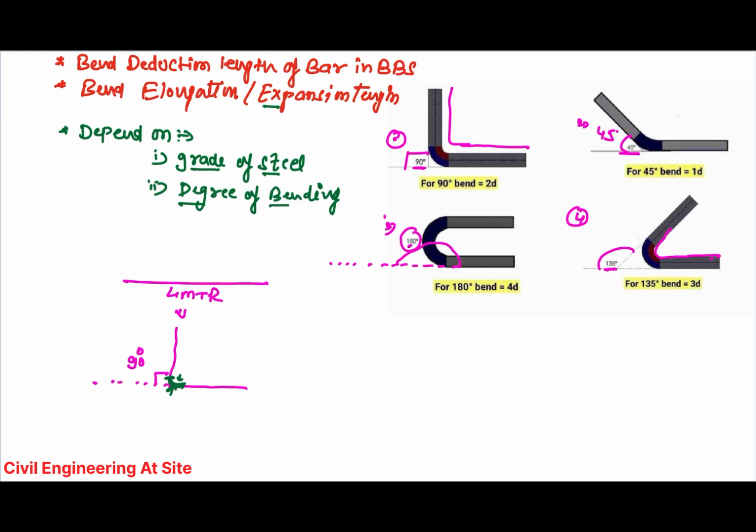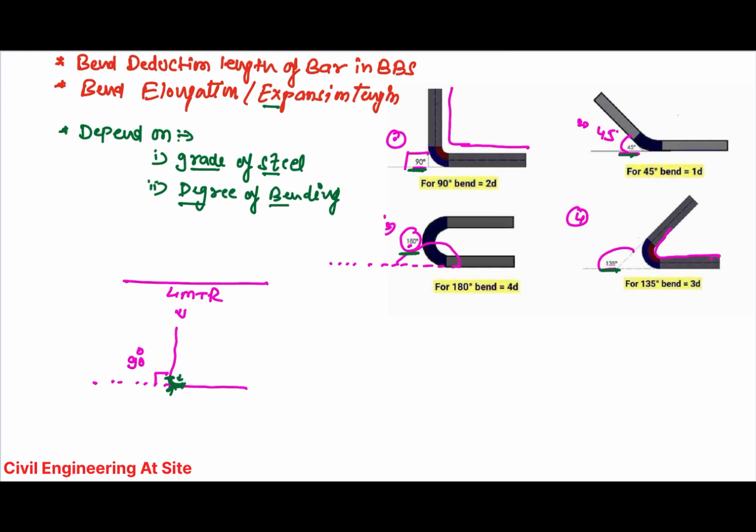So now we know maximum we are using four types of bar bend in the BBS. One is 90 degree, another one is 45 degree, third one is 135 degree, fourth one is 180 degree. So how much length will increase if we are bending the bar?